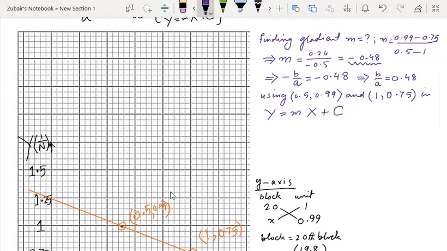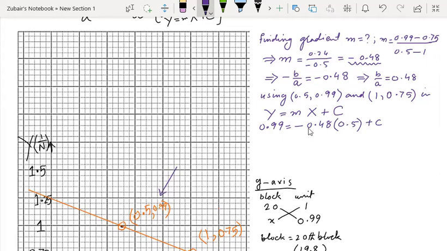So what is y? We can use either one of these, but I am using one of the points. So y is 0.99, and the gradient is minus 0.48, which is minus b upon a, or we can say that m is minus 0.48, and x is 0.5, plus c.